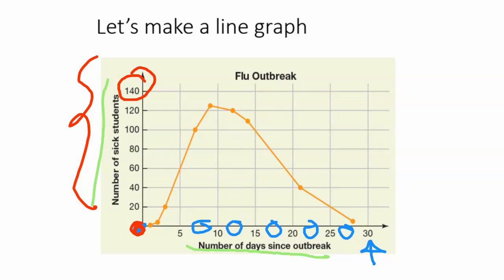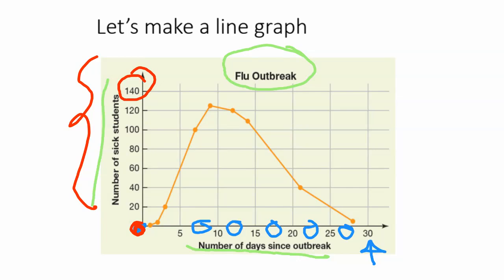If I look at the table, number of students is the second column title. Now, this is one that I have to create myself. What is that table talking about? Well, it's talking about a flu outbreak. I have to give it a title.